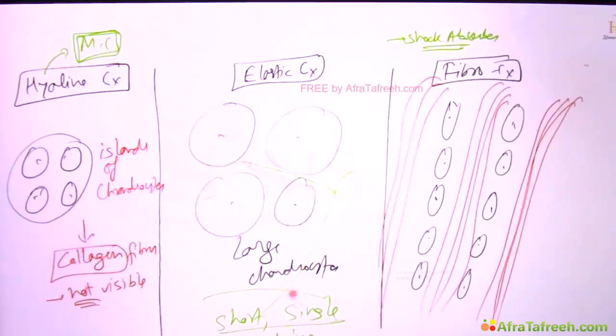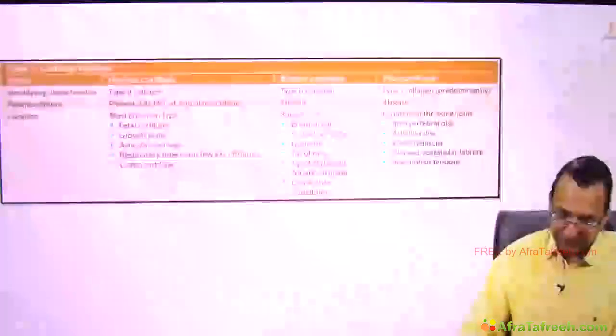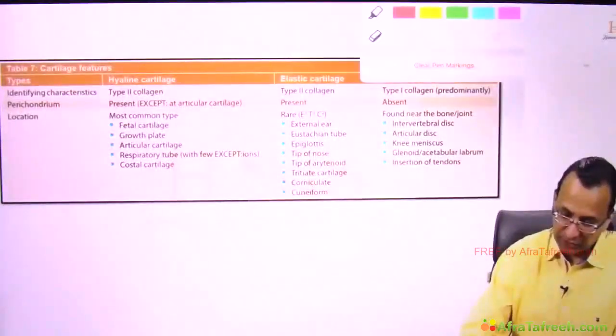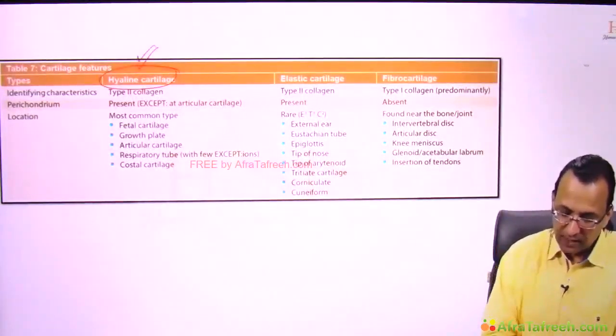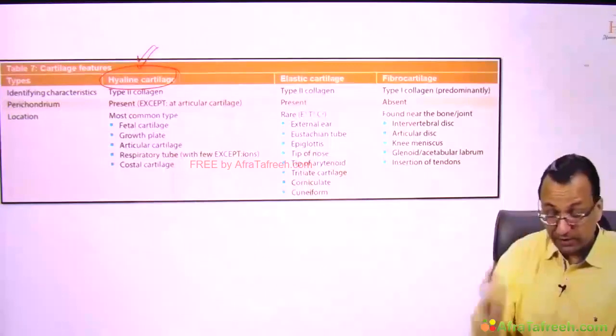Now we want to know more examples of the places where they are present. You have known that elastic cartilage is present in the pinna, external ear, but I want more examples. And if you want more examples, then let us proceed further. You will see this table now, which is telling which is the most common? Hyaline. And what about the elastic cartilage?